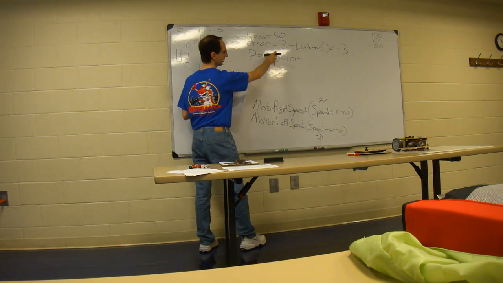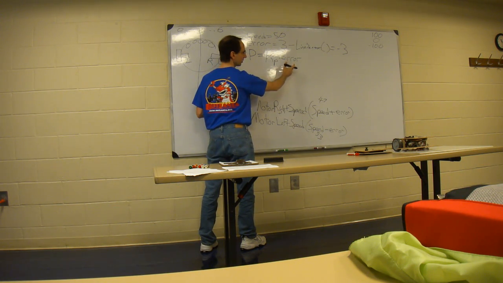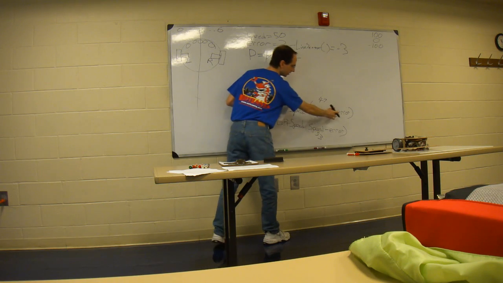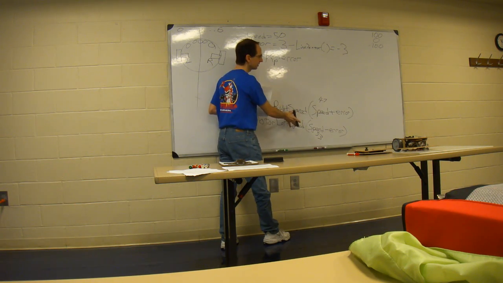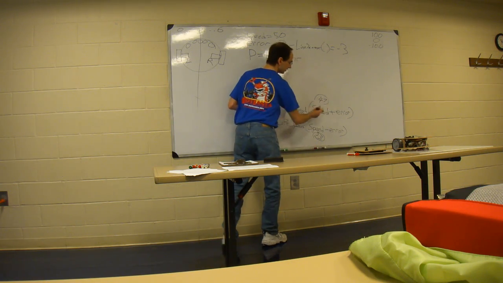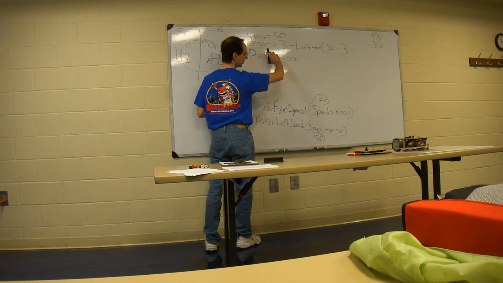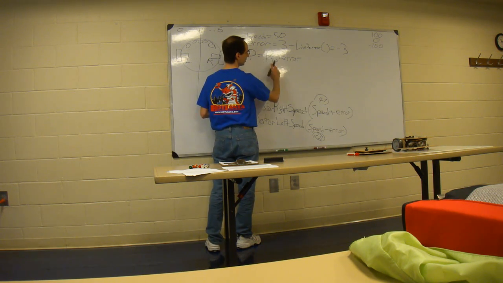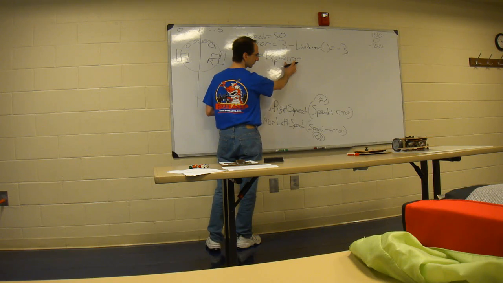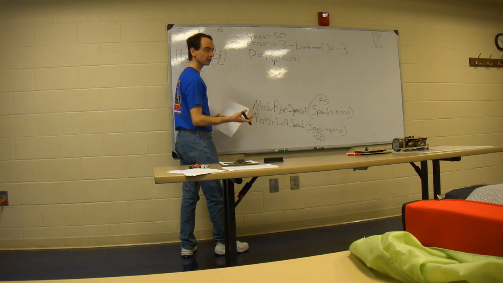What P does is it allows us to adjust how much we want the error to affect the speed. So if it turns out that we're really not turning hard enough, we turn up the P. We increase our constant here so that we get more turning. But it could be a case where we need less turning.